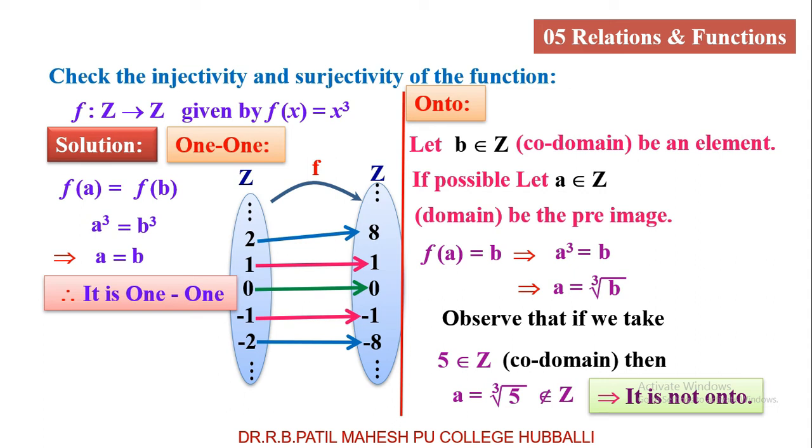See, overall what I am telling in this method is, suppose there is a function, to say this function is an onto function, here B is an element.